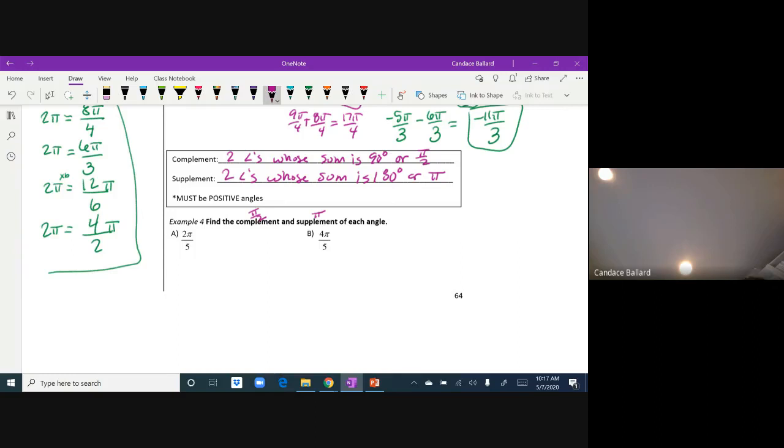So really what I'm going to do is subtract from pi or pi over 2 and find the absolute value of that because they have to turn out to be positive. So for my complementary angles, and we're going to do this in degrees in a few minutes here, I would do pi over 2 minus 2 pi over 5. And those are absolute value bars.